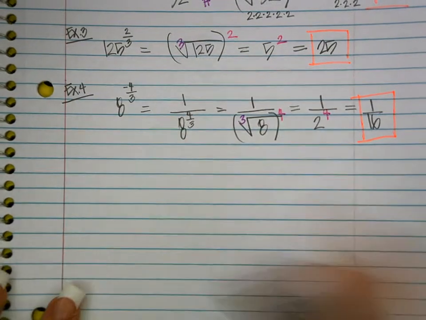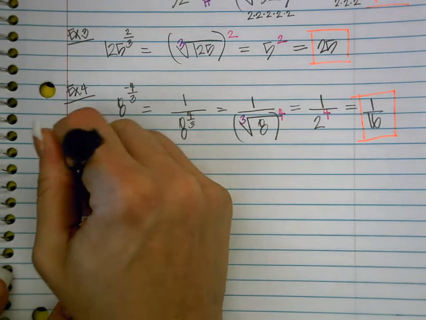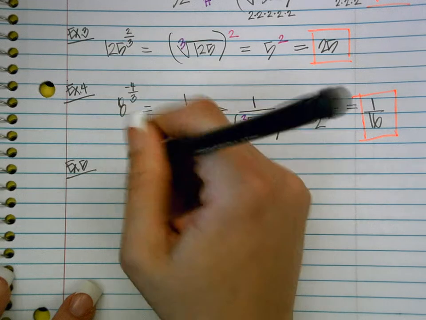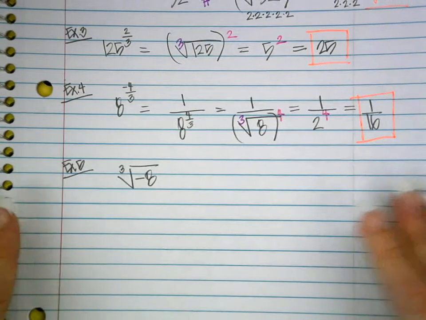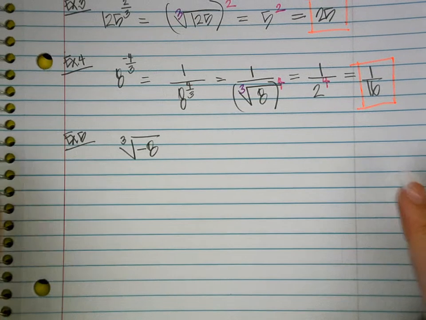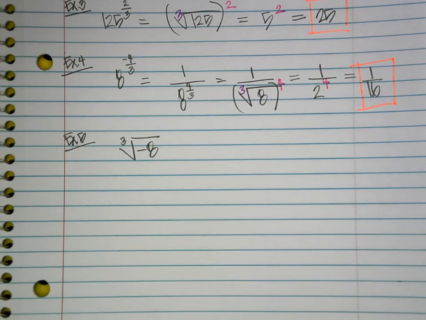And then the last one I'd like you to try is for number 5, the cube root of negative 8. What is the cube root of negative 8? What multiplied by itself 3 times is equal to negative 8? Look back at that chart if you need to.